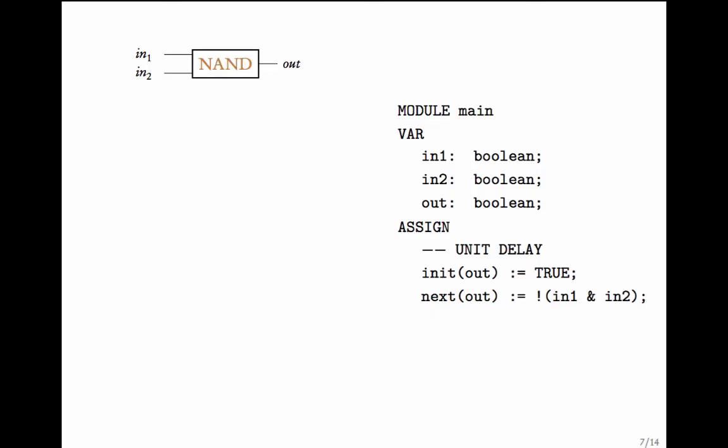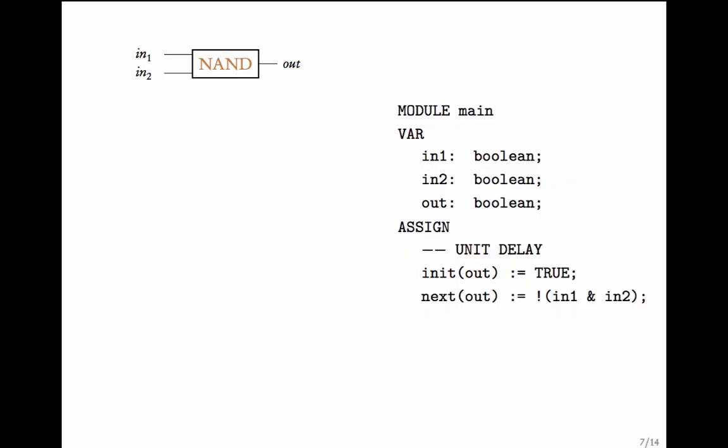If at time t equal to 0, I have 1 and 0 as inputs. At time t equal to 1, the output would be NAND of 1 and 0, which is 1. The output at time t equal to 2 would be determined by the values of inputs at time t equal to 1 and so on.